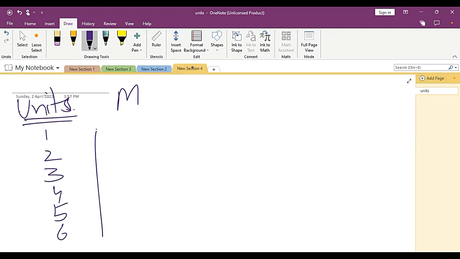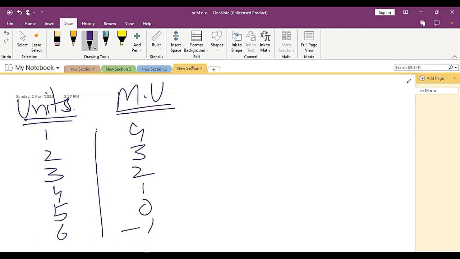Then we are taking marginal utility. Marginal utility, as we have studied in the definition, always decreases. So let's say it is 4, 3, 2, 1, 0, and then goes to negative, that is -1.